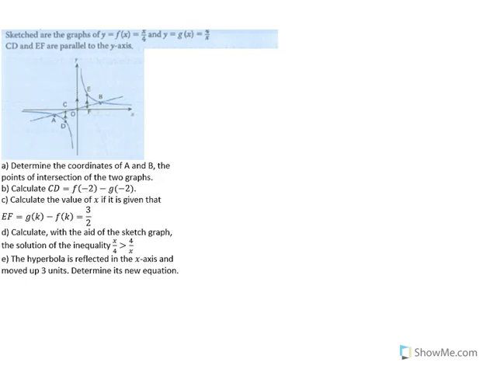Okay, next question says calculate the value of x if it is given that, okay, I think that is supposed to be calculate the value of k. Right, calculate the value of k if it is given that EF, so this guy over here, is equal to the output of G when my input is k minus the output of F when my input is k.